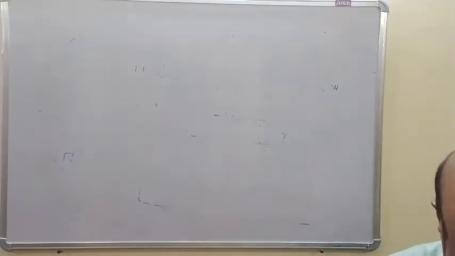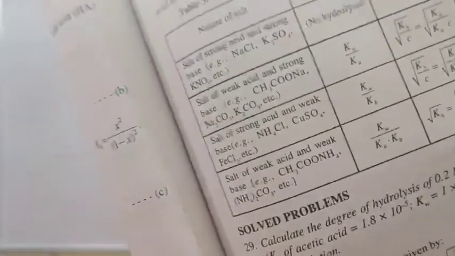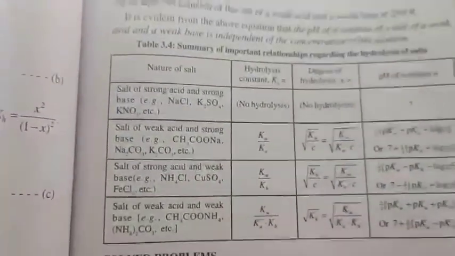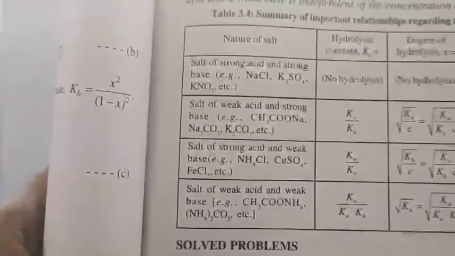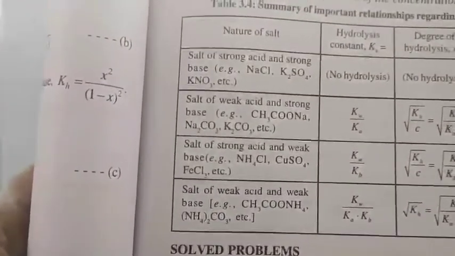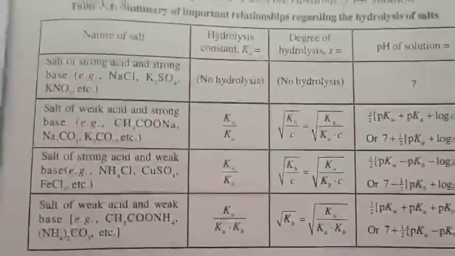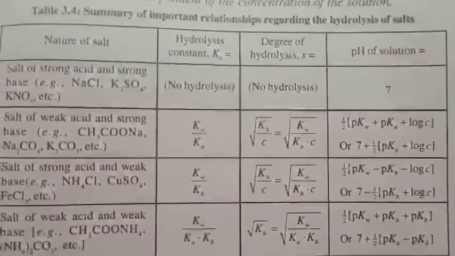That is given as a box diagram in your book, so please go through it. That is, salt of a weak acid and strong base like sodium acetate, sodium carbonate, etc. The expression for KH is there, and the expression for pH is there.